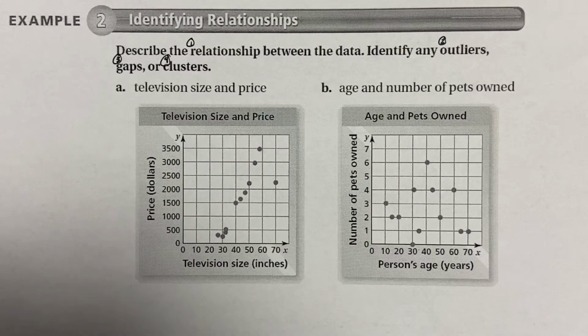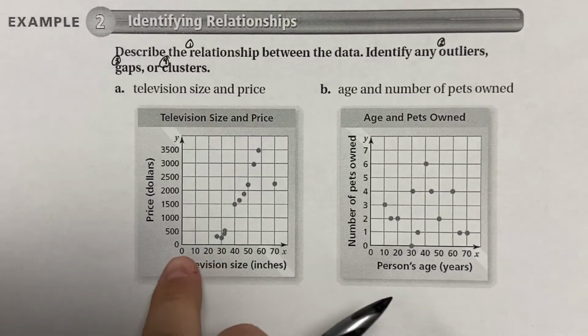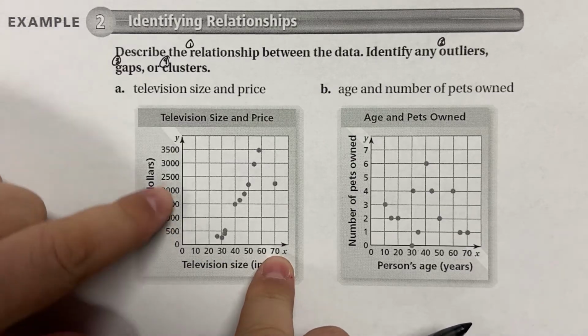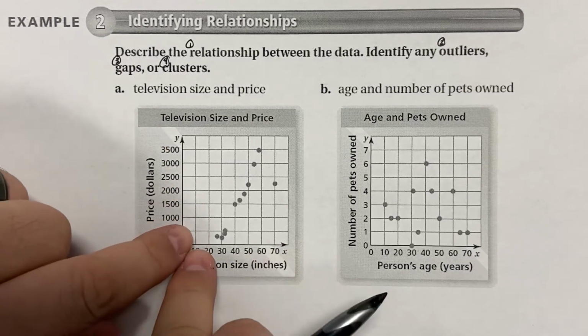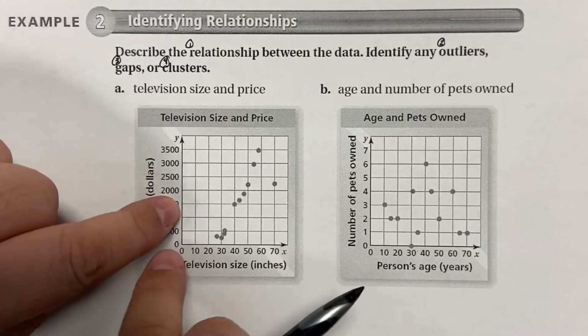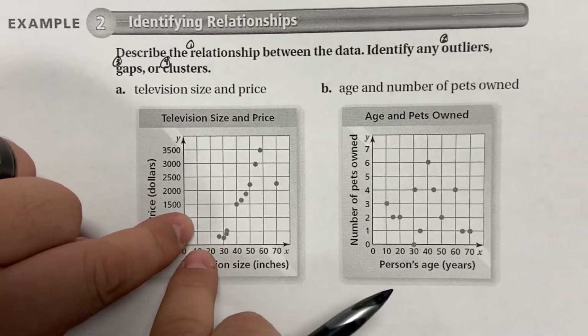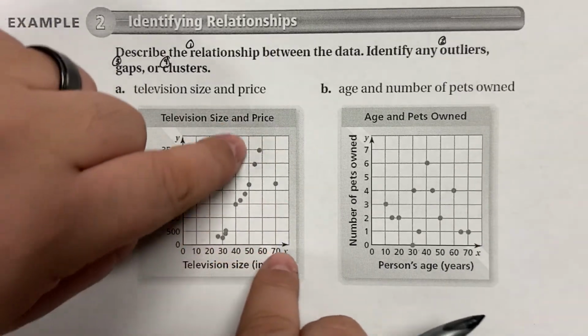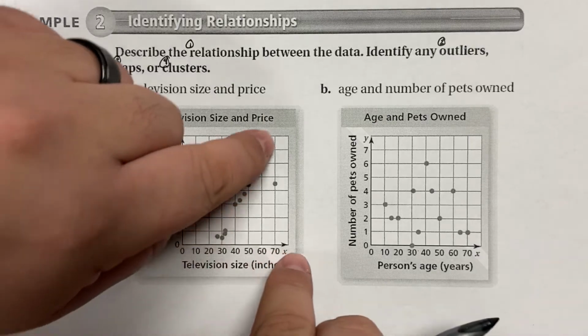First of all, we're looking at describing the relationship. What I'm seeing is as I increase on the x-axis, I'm also increasing my y values. So generally, if I'm increasing, I'm going up and I'm going right. Notice how I'm increasing both.